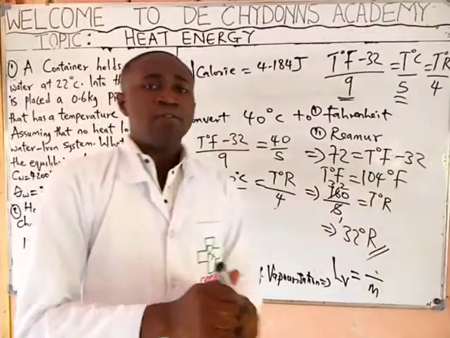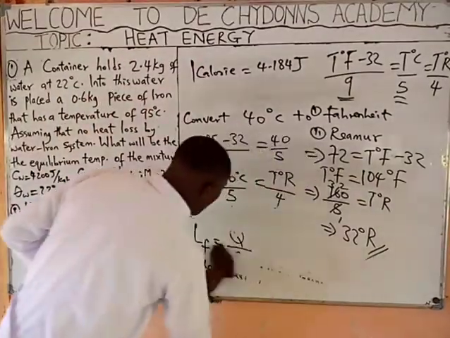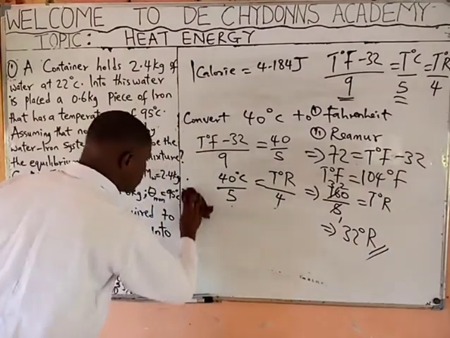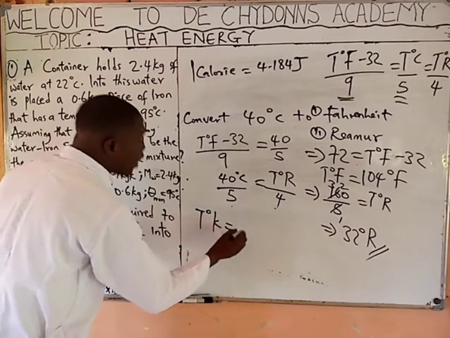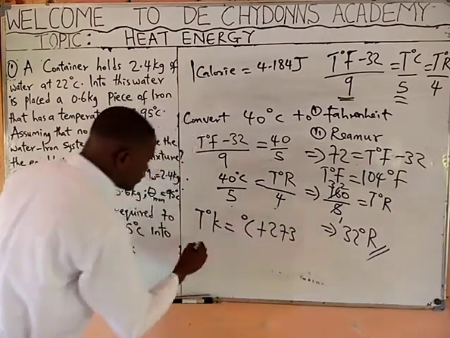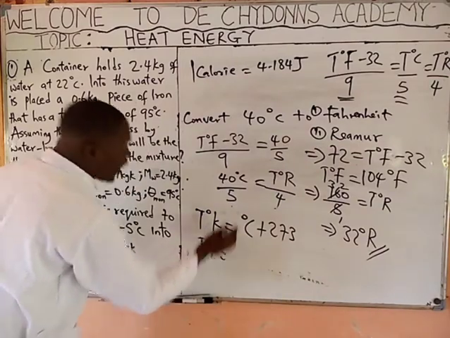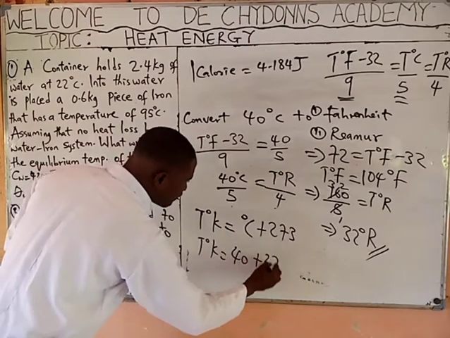Then if they say convert 40 degrees Celsius to Kelvin, you use the formula: degree Kelvin equals degree Celsius plus 273. What is the Celsius given to us? 40 plus 273.